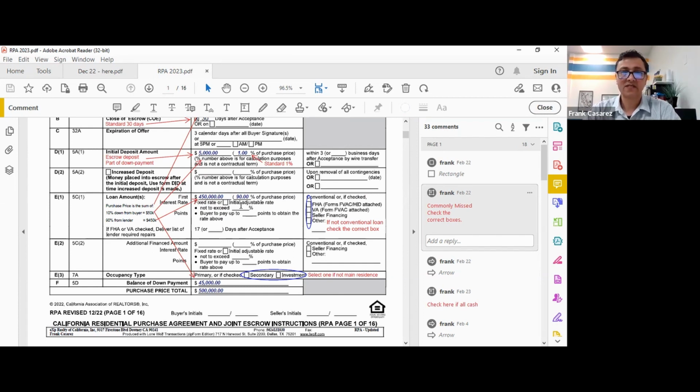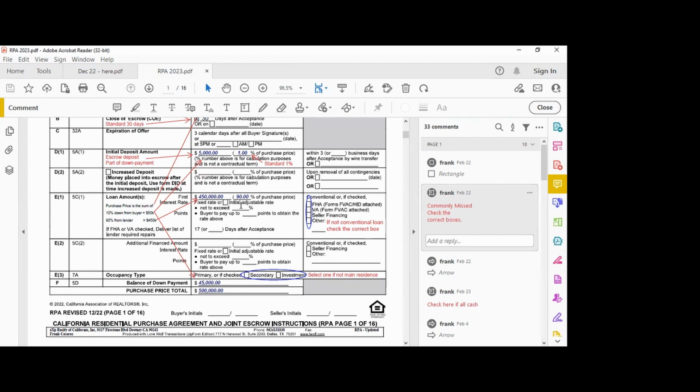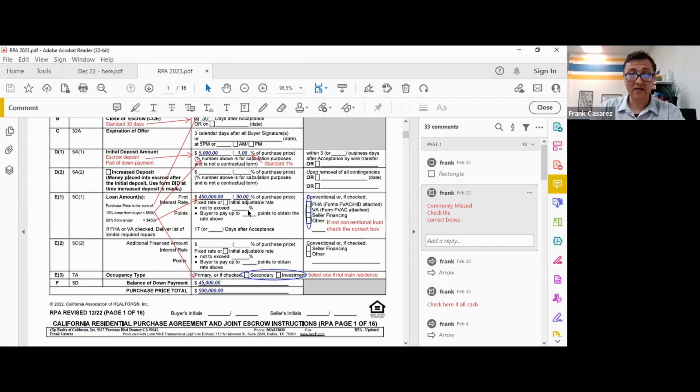Okay. It's not locked in, which means what? It could increase or decrease, but now let's say increase. If you wrote the offer and you said the buyer's rate was going to be 5.85, buyer and seller sign this and it says not to exceed, and then you put 5.85, and then later on, when the lender gets the buyer's rate locked in on what their rate is actually going to be, and it ends up being 6.25, that may give the buyer a loophole way out of the transaction.